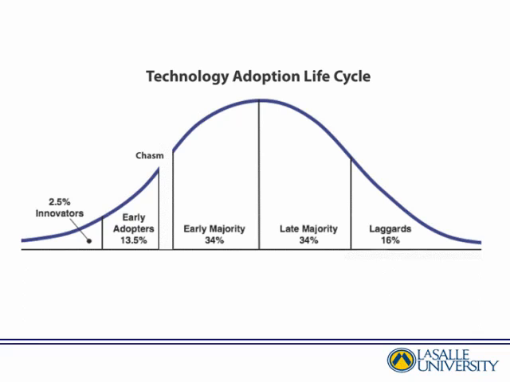In early adopters, more people are going to take on, and then notice there's that chasm where people fall by the wayside. And then things go on with technologies, and then you've got early majorities, late majorities. And you could make an argument for different technologies, different families of technologies, where we are with all of this. If you're interested in this chart, it's out there on Wikipedia, and you can certainly get it.